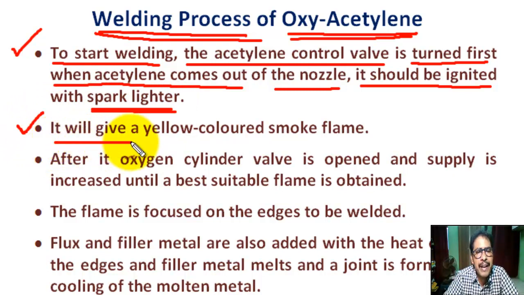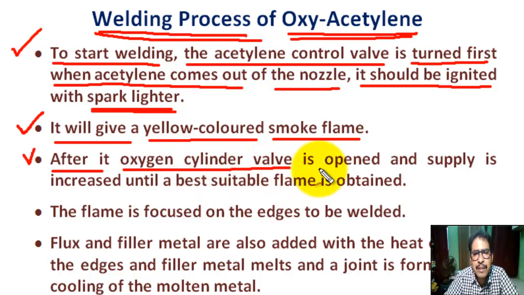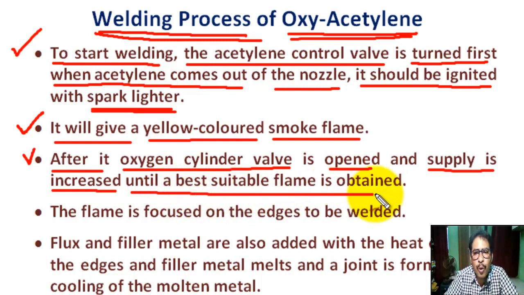Next, it will give a yellow colored smoky flame. After that, the oxygen cylinder valve is opened and the supply is increased until a suitable flame is obtained.